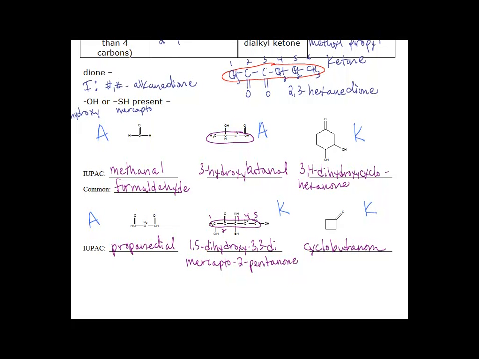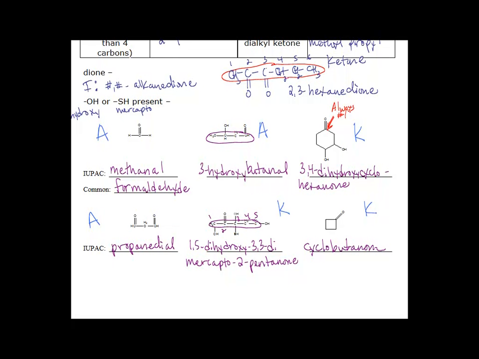When you have a cycloalkanone, or a cycloketone, the ketone is always numbered 1. So always number 1. Okay, the next structure is propane diol, no common name.